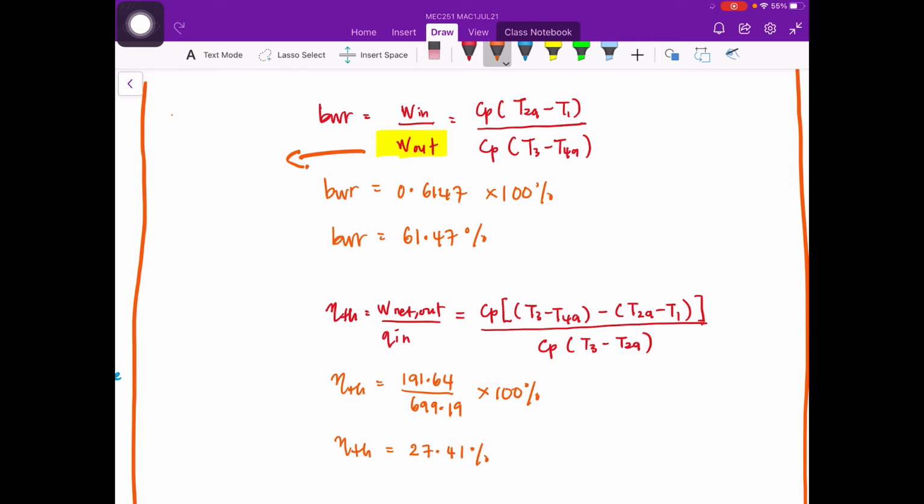So the work output from SFEE, we are going to get enthalpy in minus enthalpy out for the turbine. So it will be enthalpy at state 3 minus enthalpy at state 4a, and we know that for gas questions we are going to use the formula to determine the enthalpy.